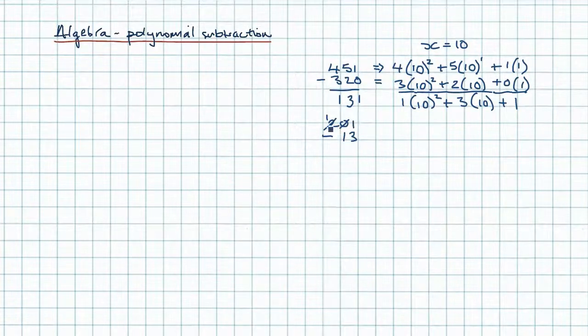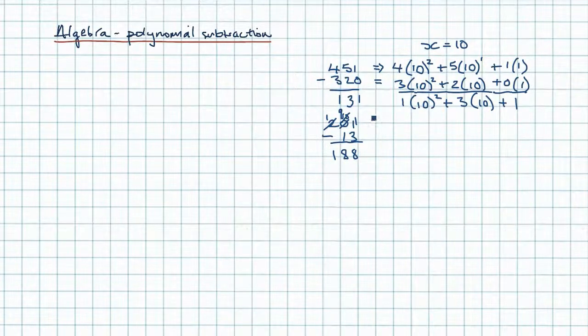The 0 here, we've now got 10 tens, but we need to borrow from that, so that becomes 9, that becomes 11, and now we can just subtract. 3 from 11 is 8, 1 from 9 is 8, and 0 from 1 is 1, so 188.